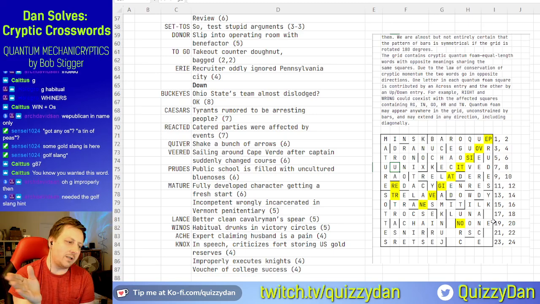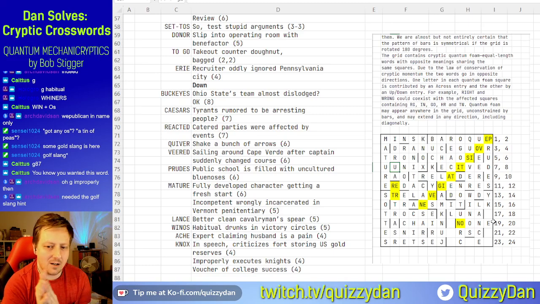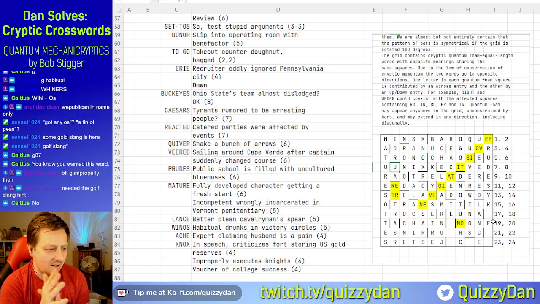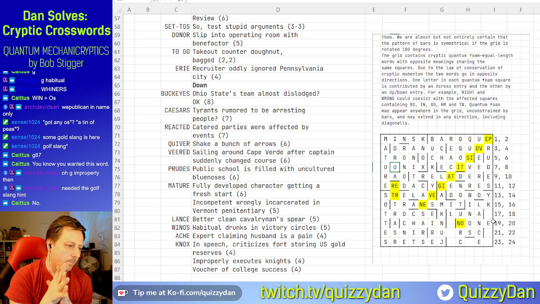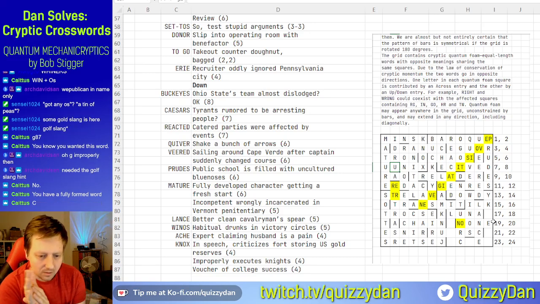A voucher. A voucher is someone who... Voucher of college... Is it just going to be Dean? Because they vouch for college successes. But... First letter, please, for the voucher of college success. Oh, is it a... oh, chit.